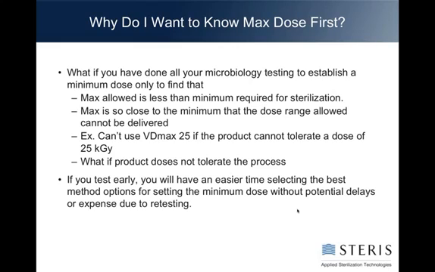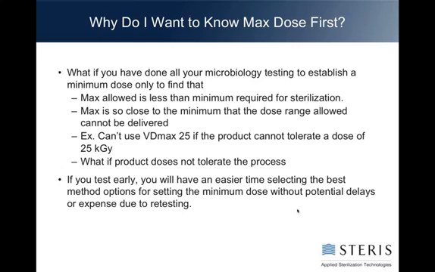If that's true, what happens if when you do your maximum dose testing later, you find out your product can only tolerate 20 kilogray? Now you've got a reverse dose, which again means you cannot sterilize your product. What if you find out your product doesn't tolerate irradiation at all?